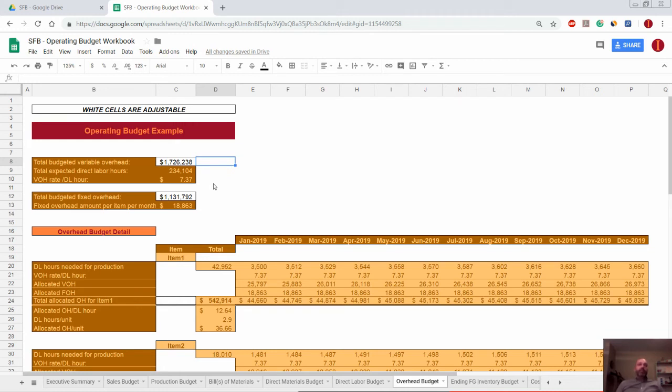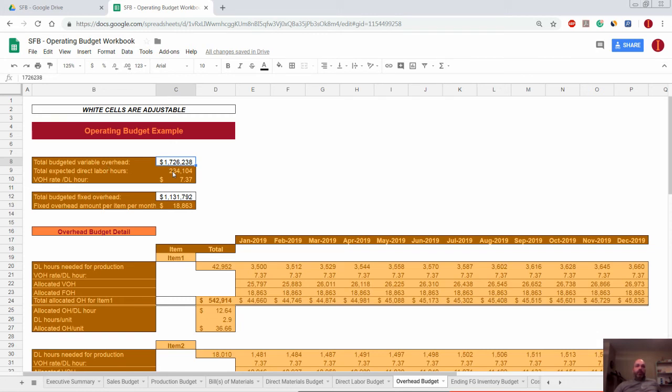I tend to think, unless it's very closely tied together, I usually lump most expenses into fixed overhead as a cost accountant. Anyhow, this would be done separately, line by line for all your overhead accounts, what you would expect to spend over the coming year, and we'll put that grand total in here for variable overhead.